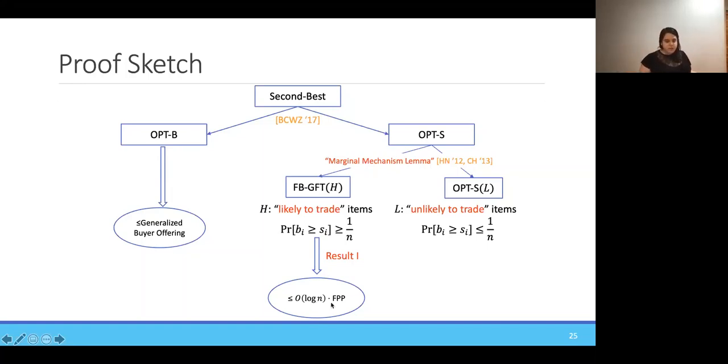We used our first result. We get a log n approximation using our fixed posted price or constrained fixed posted price mechanism, depending on the feasibility constraint. Okay, so we've handled these likely to trade items and approximated the first best gains from trade of this part. All that's left is to handle the unlikely to trade items and the super seller revenue of the unlikely to trade items.